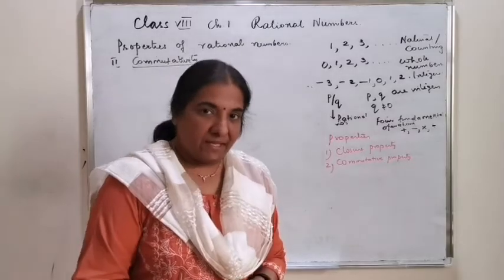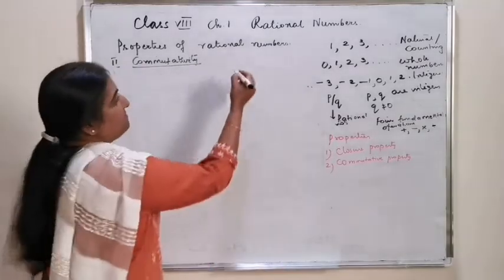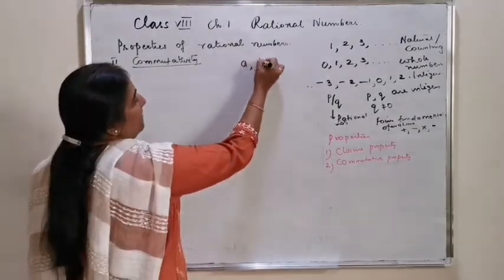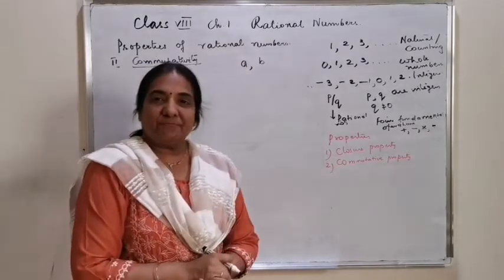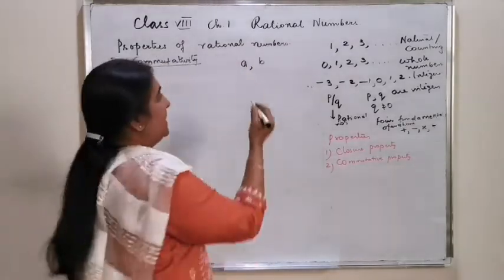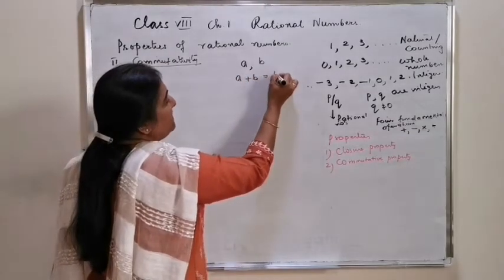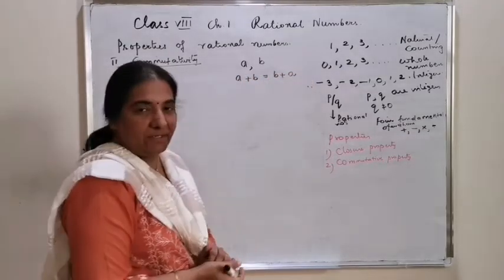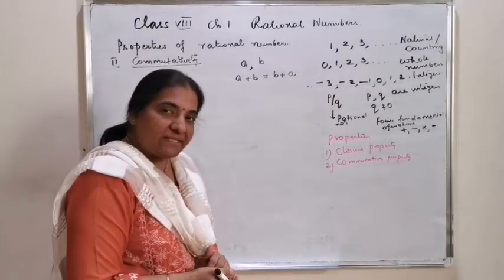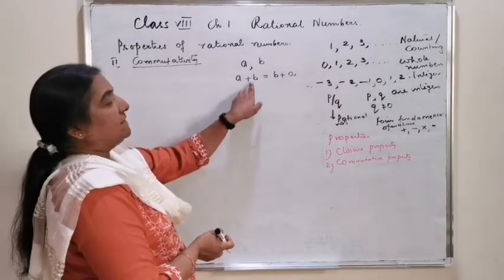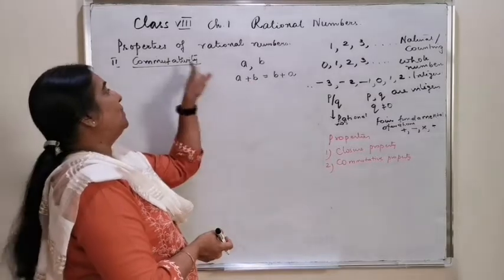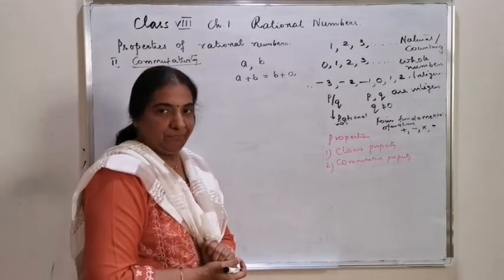If A and B are two numbers, and under addition A plus B and B plus A are equal, we can say the numbers follow the commutative property.